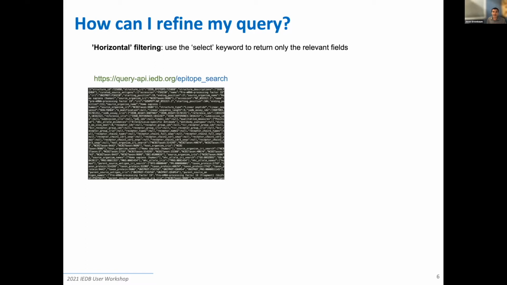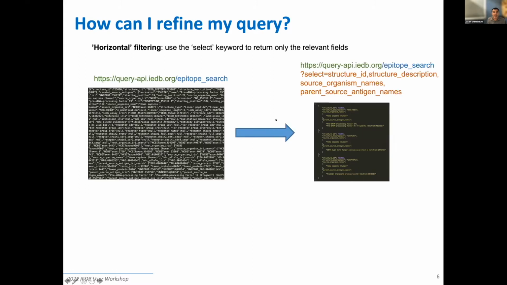And you instead will want to horizontally filter, or shrink down the number of columns that you want returned. And you do that by using the select parameter. And what that looks like is it's just another parameter that you add onto the end of your query, and you say select equals, and then you list out the different fields that you actually want returned. And then you get back a much more manageable response. And this is what I actually executed on the previous slide.